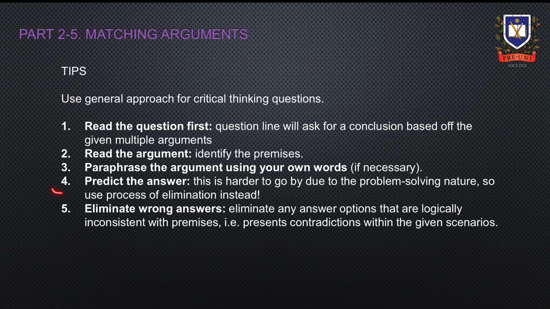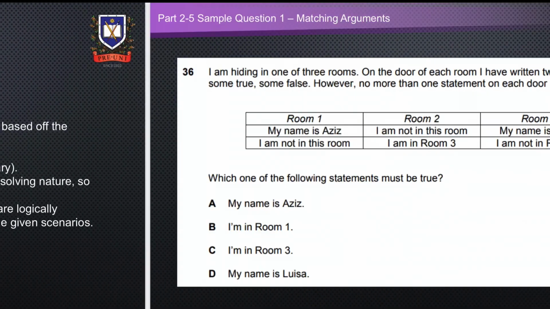The fourth step is to predict the answer. However, in these types of questions, it is best to go through the process of elimination rather than working it out. The last step is to eliminate wrong answers, which can be typically achieved through assuming one answer option is correct, then working backwards into the arguments to find any contradictions.